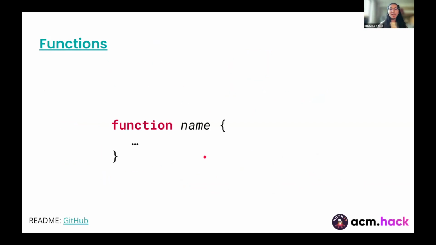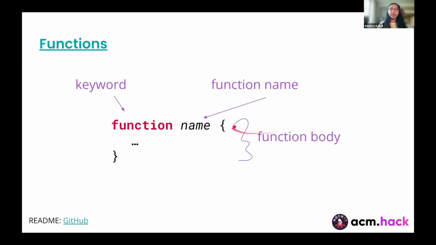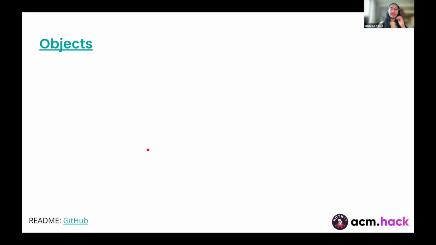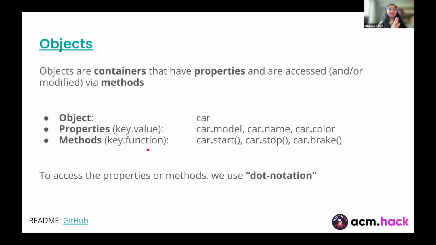We also have functions. We've got our function keyword, function, so you're always going to have that. Then your function name, whatever you want it to be, and then your function body and your statements go inside there. You also have objects, which are probably the most complex part of JavaScript. You have containers that are properties, and these properties are accessed or modified via methods.